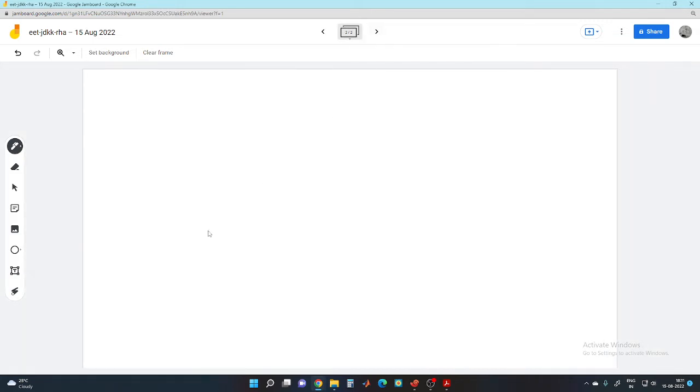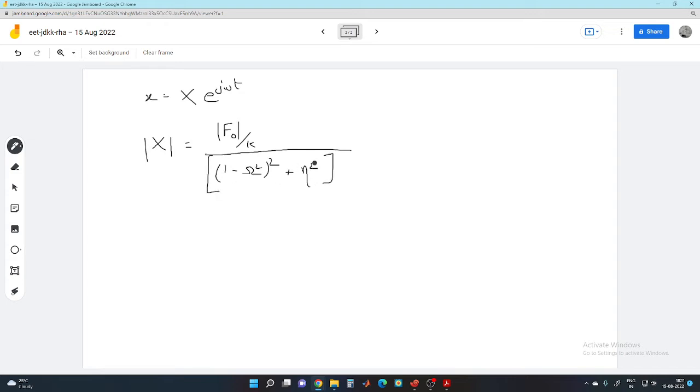So if we substitute small x as capital X e raised to power j omega t, this is all discussed in class, so nothing to worry about, and we make all the substitutions, the magnitude of X is basically equal to the magnitude of f naught upon k, and in the denominator we get 1 minus omega square whole square plus eta square, total to the power of 1 by 2.